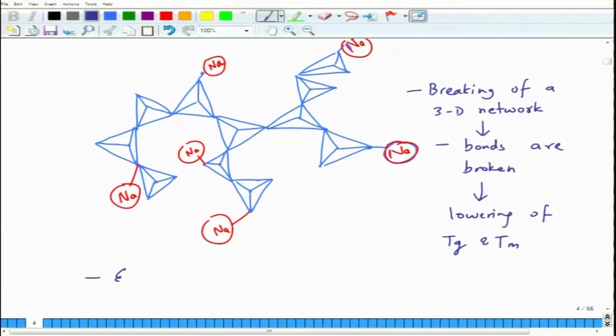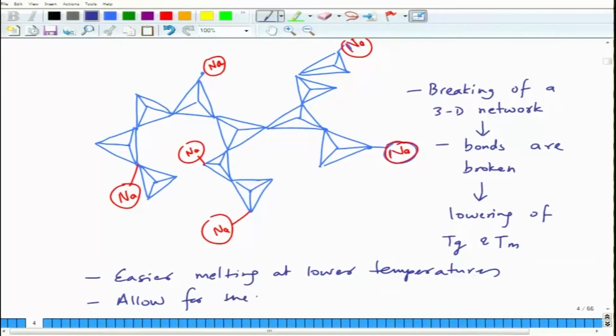So easier melting at lower temperature, and it allows for the formation of shapes at lower temperatures. So there are a variety of these glass modifiers which are put into the system. I will show you some compositions in the next few slides.